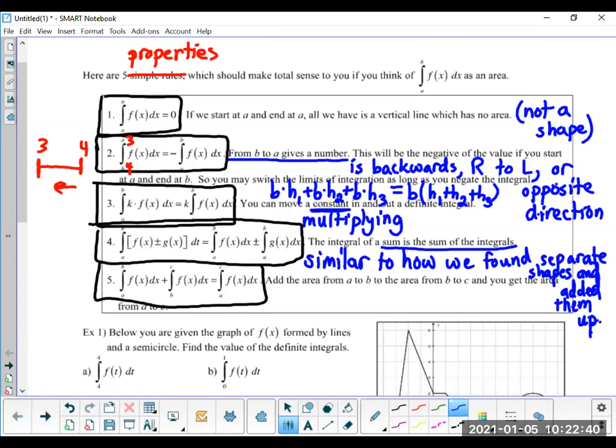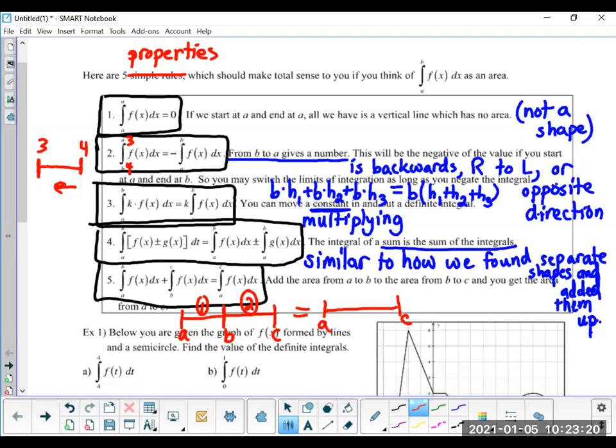Just like in the fifth property, we have an integral that starts at A, goes to B, and then a second integral that starts at B and goes to C. If I add these 2 integrals together, that's the same thing as if I just go from A all the way to C. I think that makes perfect sense, doesn't it? One is saying do it in sections. The other one is saying do the whole thing. They're equal. I think that 5 is a version of 4.